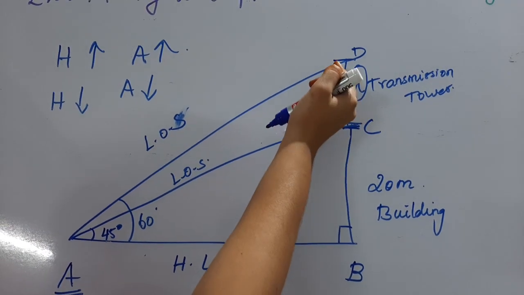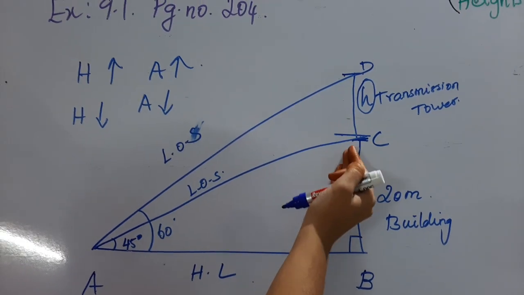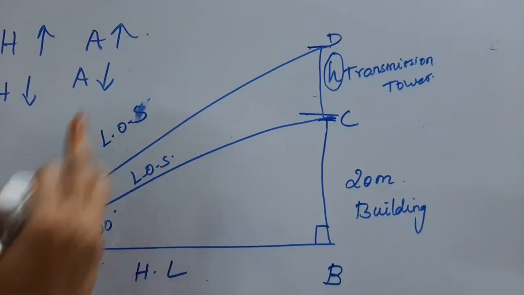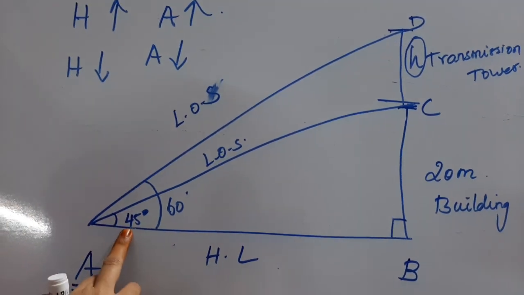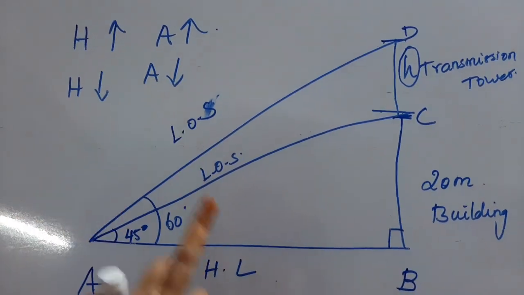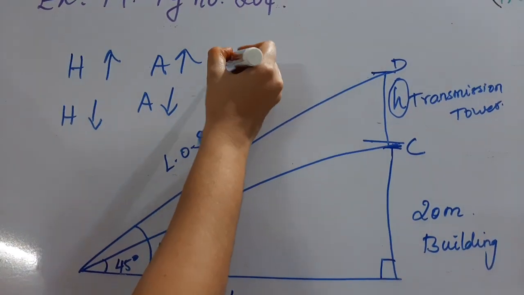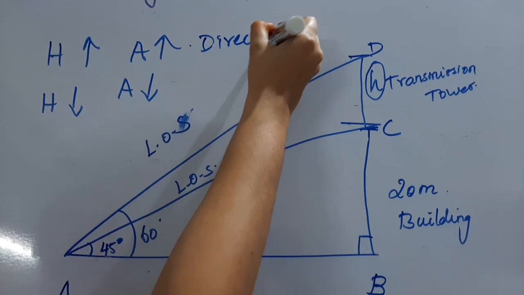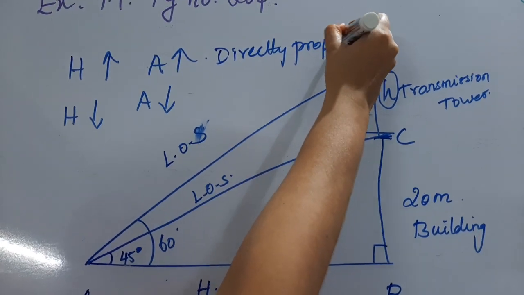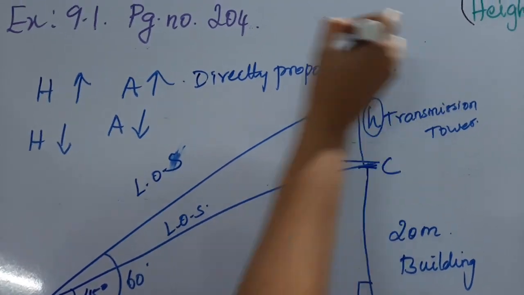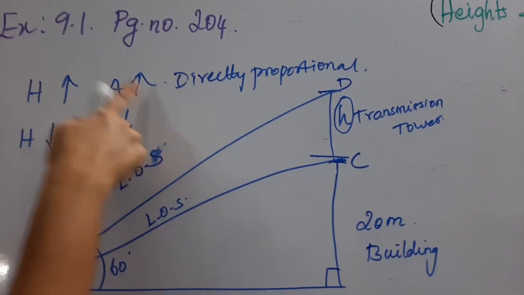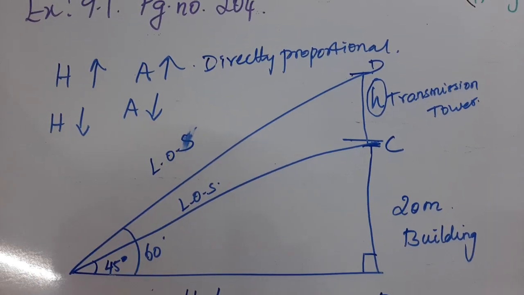Since the height increased, when we are moving from the bottom of the transmission tower to the top, the angle also increases from 45 degrees to 60 degree. So what is the relation between height and angle? Height and angle are directly proportional. Therefore, when the height increases, angle also increases. When the height decreases, angle also decreases.